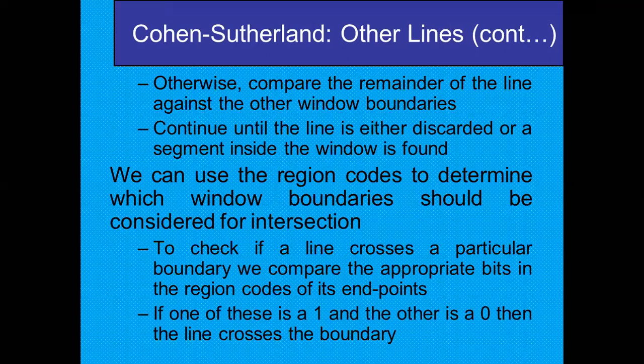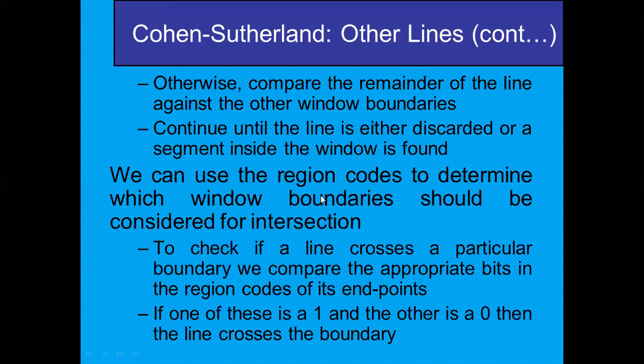According to the comparison we will discard the segment lying either inside or outside the window. The portion lying outside the window we will discard, and the line segment lying inside the window we will retain.